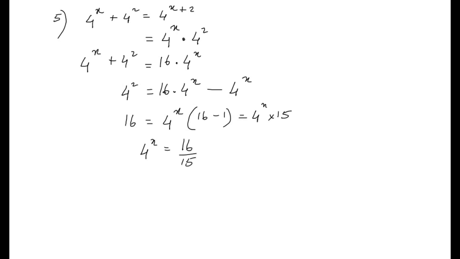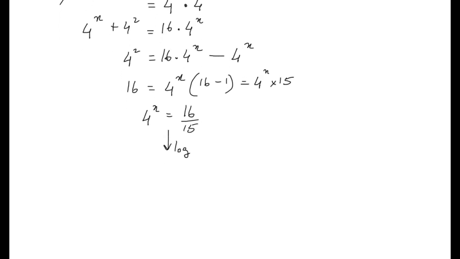Now once again, x is in the power, and I need to find its value. So I convert it to a log equation. I'm going to do it by the other method, which is just use the property: if you have an exponent of base 4 power x equal to 16 by 15, if I converted it into a log, it would be log with the same base, which is 4, 16 by 15 goes inside the log, and the power is on the other side of the equation.